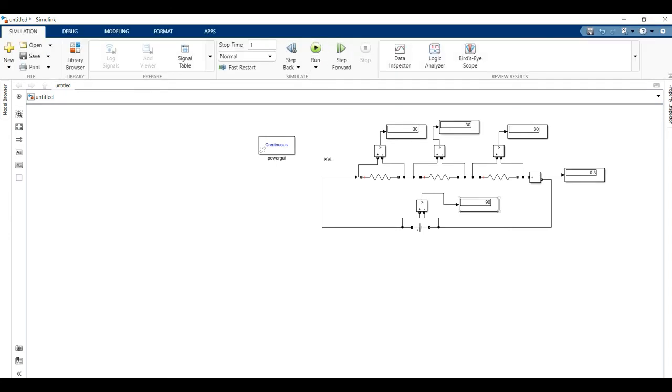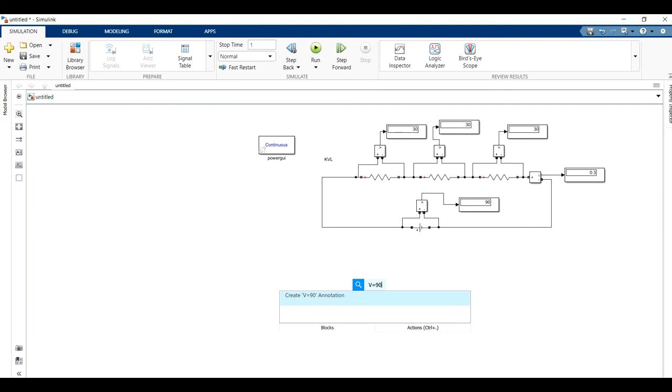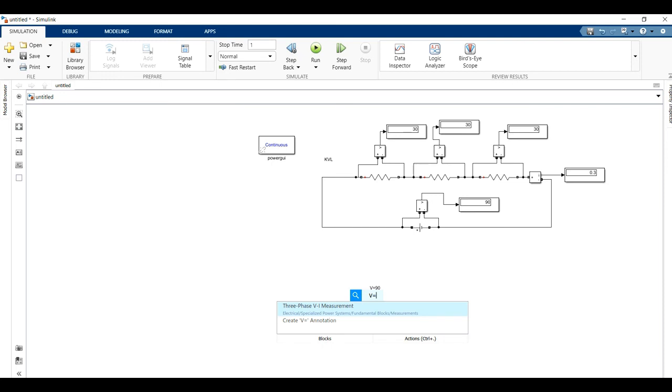So now you can see the voltage at the source is 90 and the voltage drop across resistor R1 is 30, the voltage drop across R2 is 30 and the voltage drop across R3 is 30.